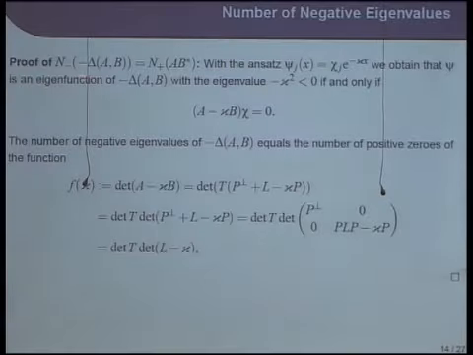So what we see immediately is that the vector chi, this component chi j, has to solve this equation, this sum, with k positive. This means we have to count the number of positive zeros of the determinant of this matrix.